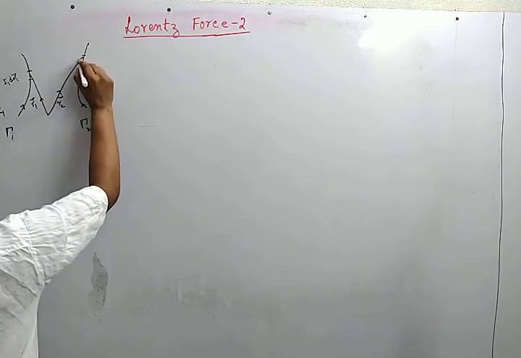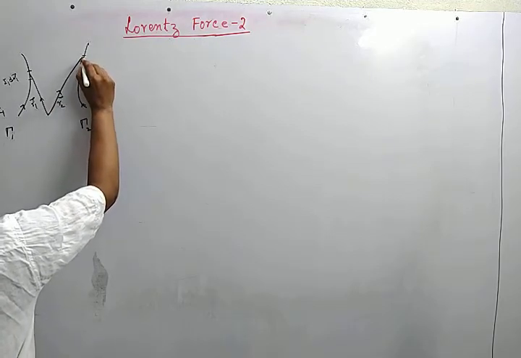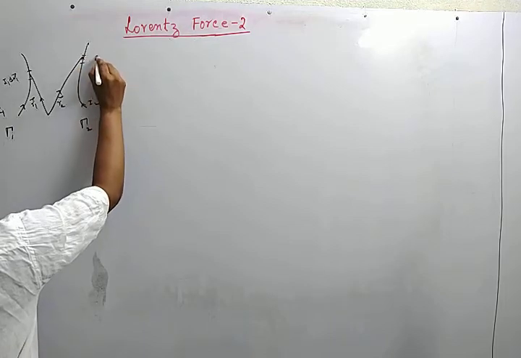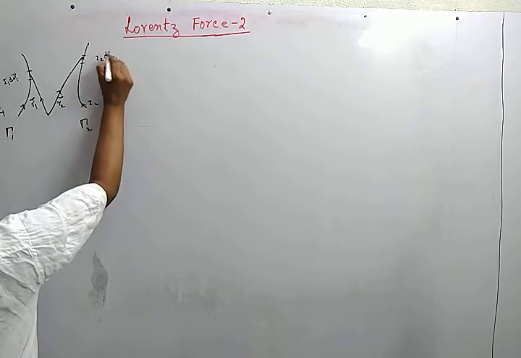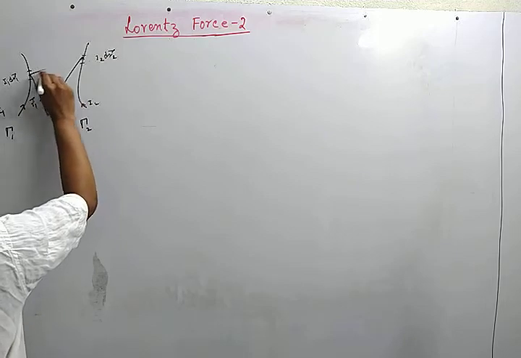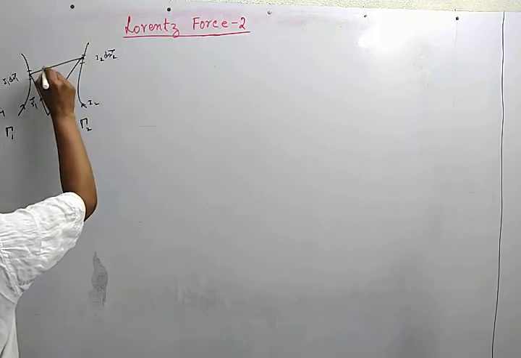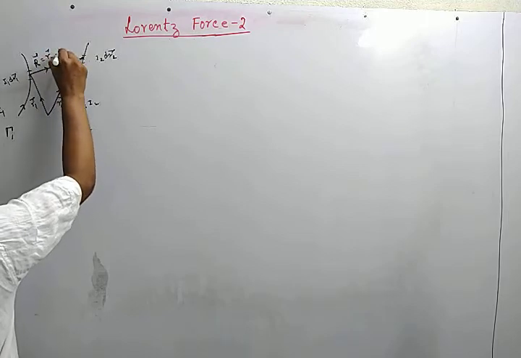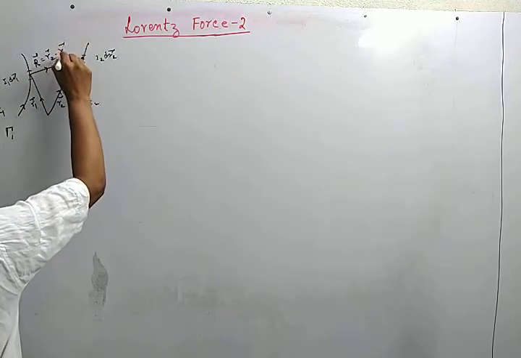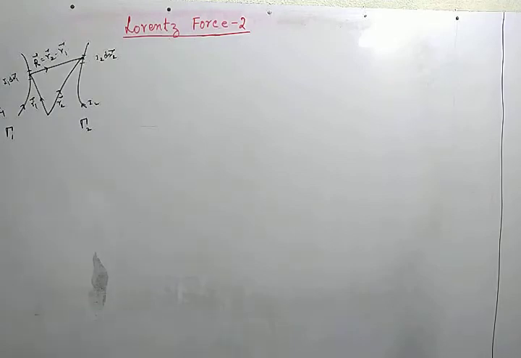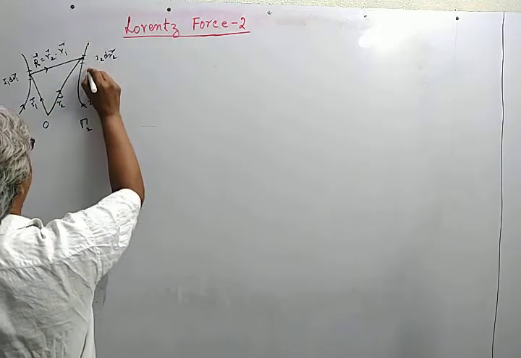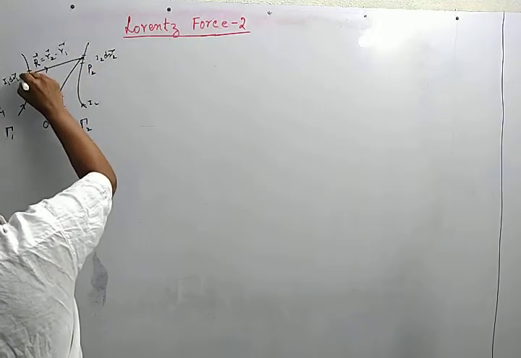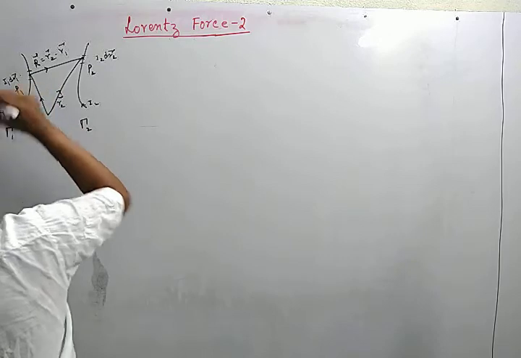This is I2 dr2, and this is the relative separation R is equal to R2 minus R1. So our first thing is what is the field at this? We call this point P2 and this point is P1.